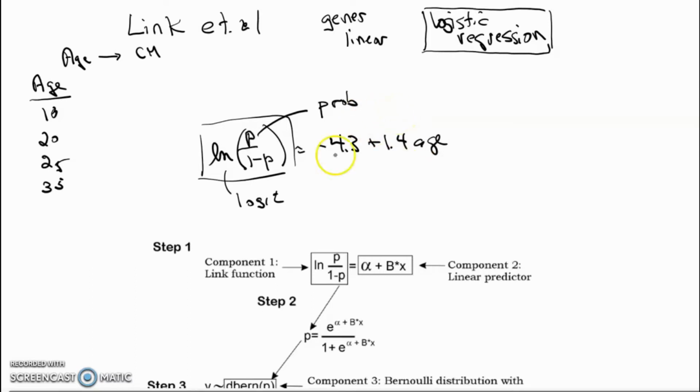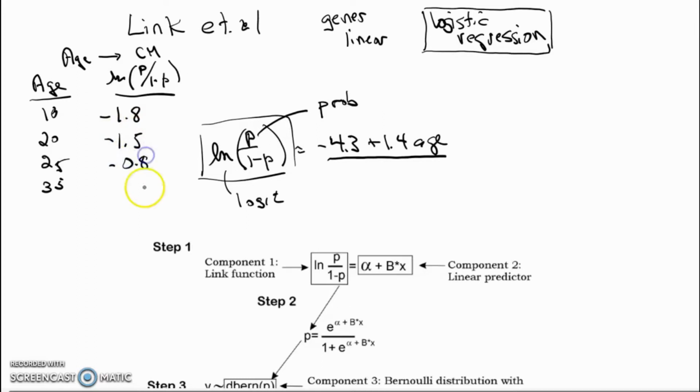So we can use this formula and come up with ln p over 1 minus p for those four individuals. And if we did that, we would get values like minus 1.8, minus 1.5, minus 0.8, and 0.6. Of course, what we're really interested in is the probability, not the logit.